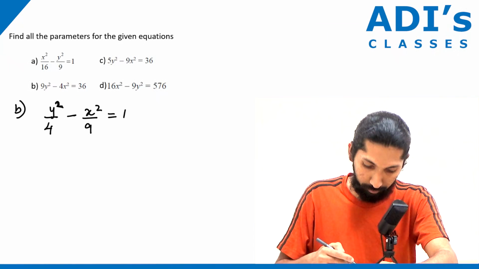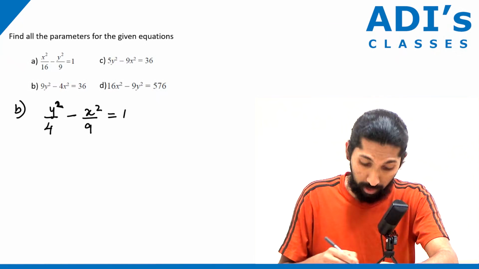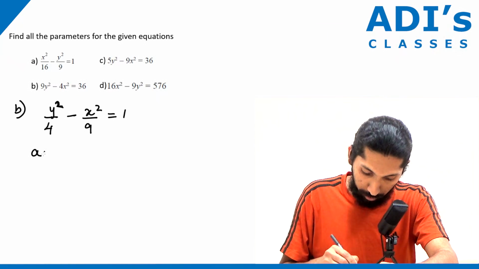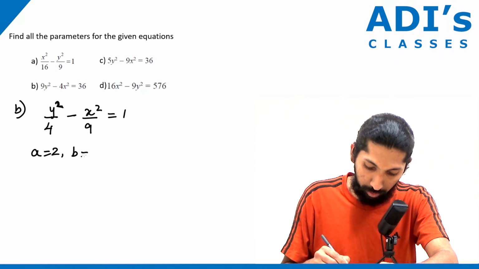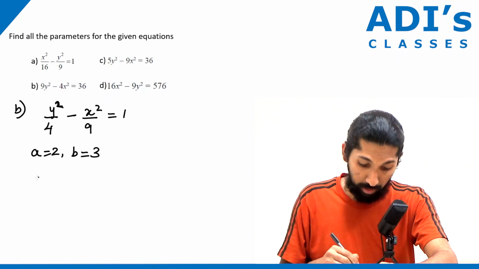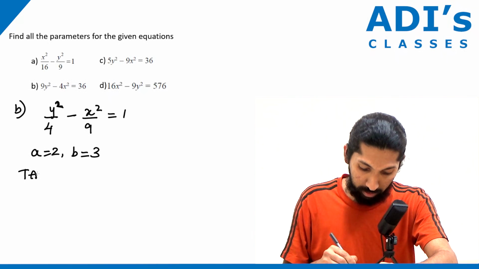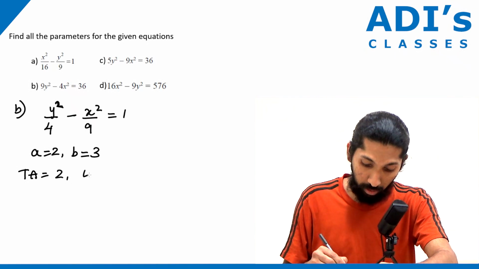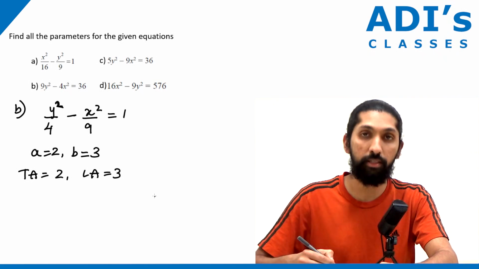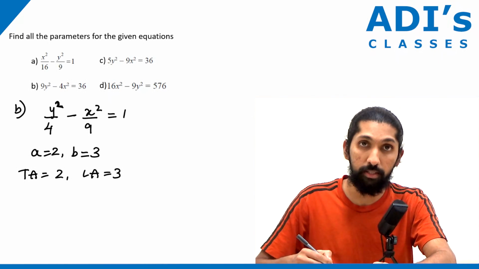Fair enough? Now, for the first thing, what do we have? The value of a is going to be 2. The value of b is going to be 3. That means the transverse axis is going to be 2 units. Longitudinal axis is going to be 3 units. Correct? This is the first thing.